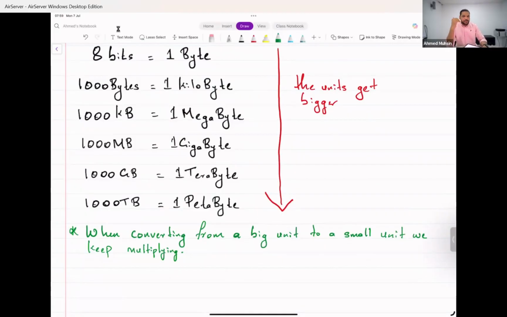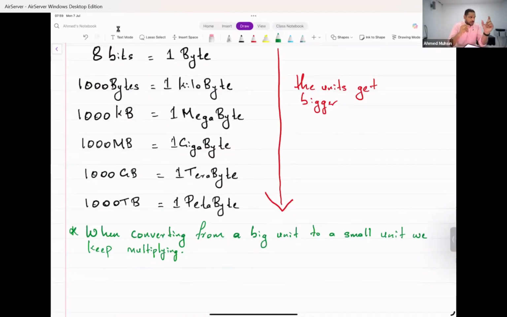So now let's take an example. A very simple example I'm going to give you all is, we'll take the value of 2 gigabytes.